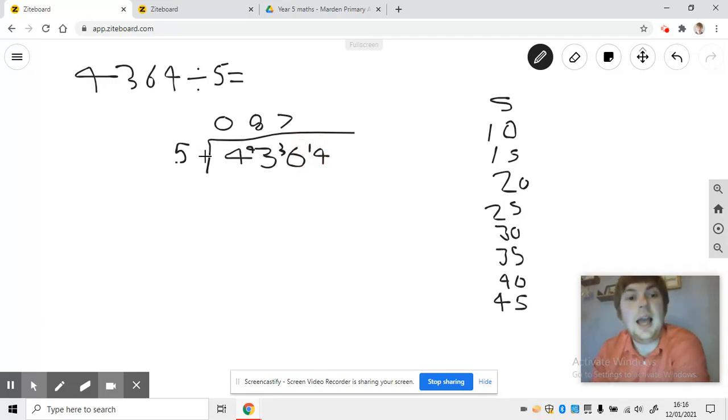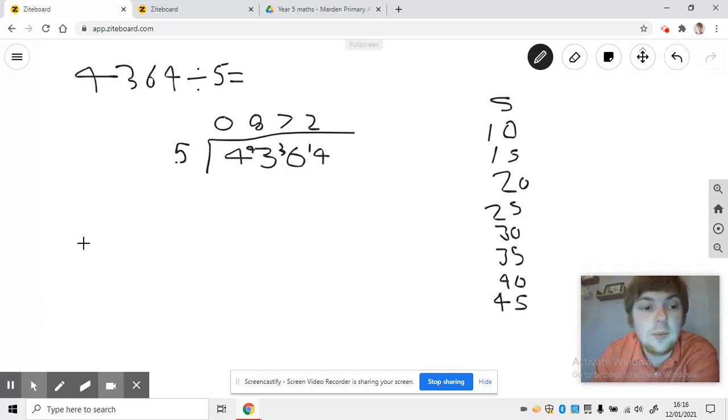We then look at how many 5s go into 14. So we can see, well, we've got 10 and then we've got our 15. So we know the 15 is too big. So it's the 10 that we focus on, 1 and 2. So 2 5s go into 14, which leaves us a remainder of 4.